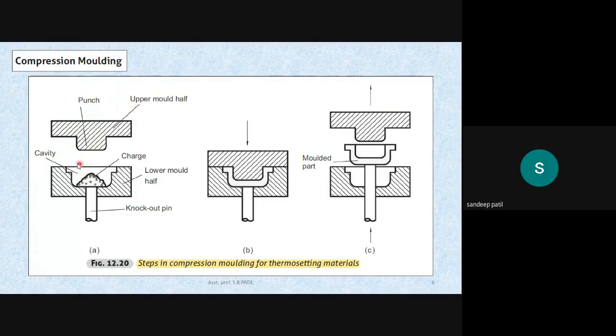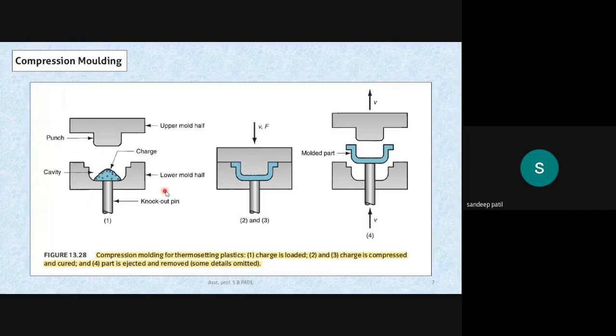The lower mold half is heated so that the charge liquefies and fills the entire volume of the cavity, and then the punch acts forcefully on that charge. There is also a knockout pin, whose use is to take the specimen out of the mold. This is the basic compression molding process, generally done on thermosetting materials.